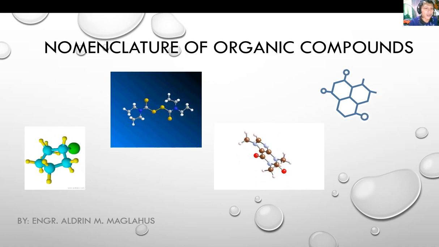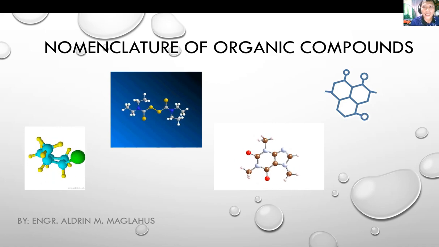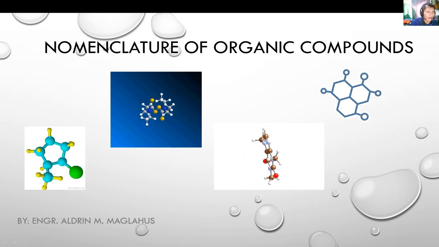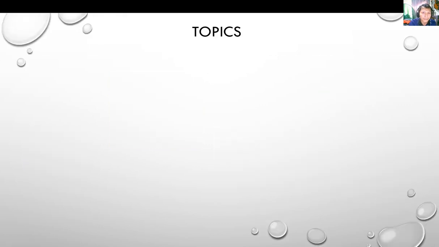Organic chemistry is of course a basic chemistry for all those allied sciences. This will be a series of videos for nomenclature. We've already talked about functional groups. You can just use that table during quizzes and exams because I really don't want you to memorize things.